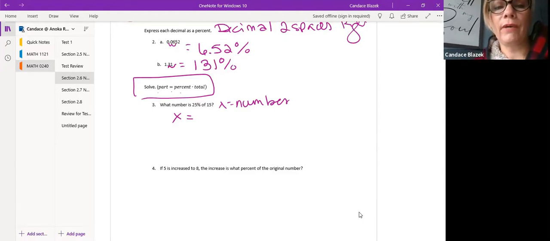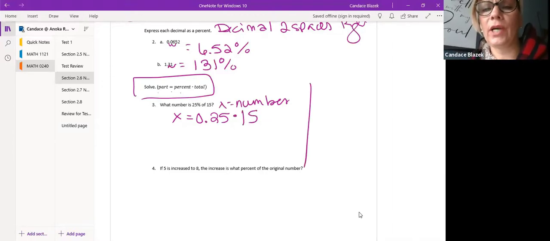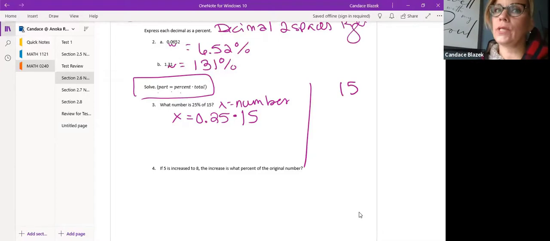So putting 25% into decimal form, which moves my decimal point 2 times to the left and dropping the percentage sign, we're going to say 25 hundredths times the total, which is 15. All right, I'm going to have to do some scratch paper, some long multiplication. By the way, you can use a very small, simple calculator for this first test. I didn't say that before, I'm saying it now.